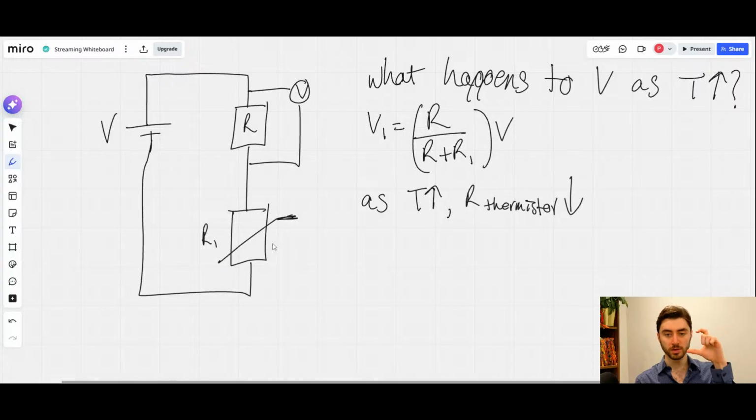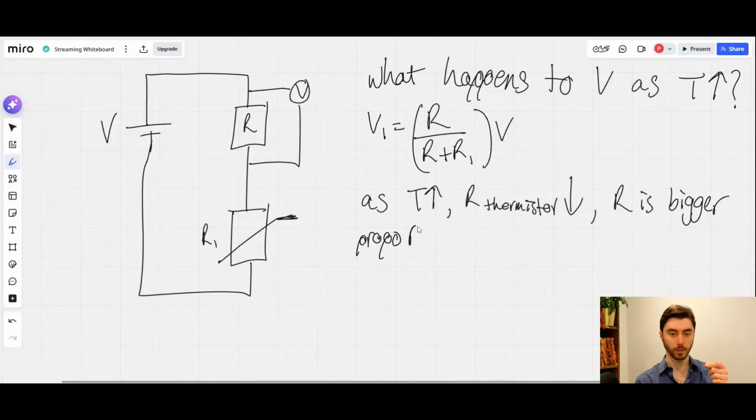Because the thermistor's resistance has gone down, it has a smaller proportion of the total resistance, which means that R is a bigger proportion of R total.